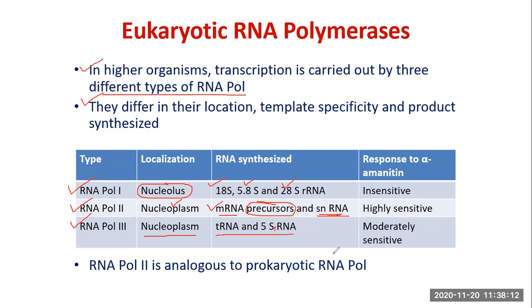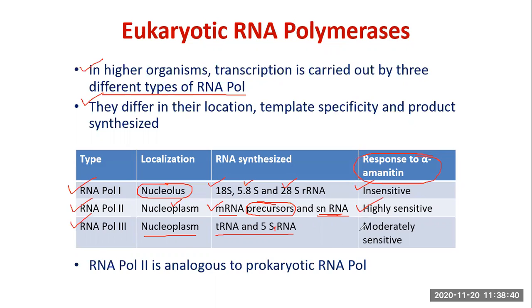These three RNA polymerases can be distinguished from one another because of their response to alpha-amanitin. Alpha-amanitin is a toxin which is present in a poisonous mushroom called Amanita phalloides. RNA pol 1 is found to be insensitive to this toxin, whereas RNA pol 2, contrary to RNA pol 1, is found to be highly sensitive to alpha-amanitin.